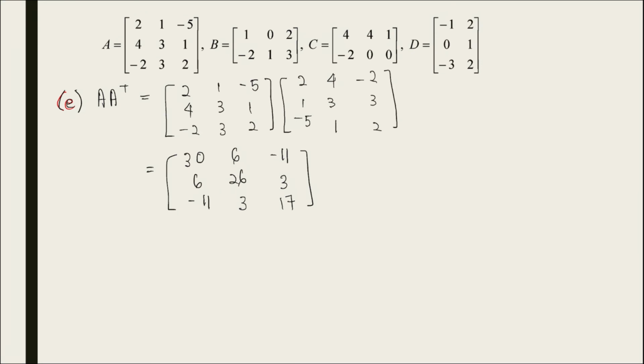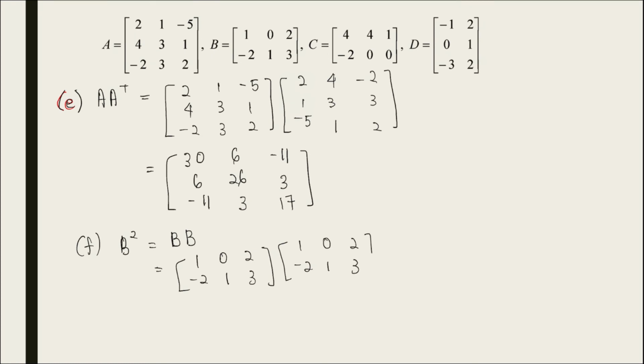How about the last question? F, B squared. How do we find B squared? B squared is the same as B times B. Before you multiply, you need to check the order of matrix.